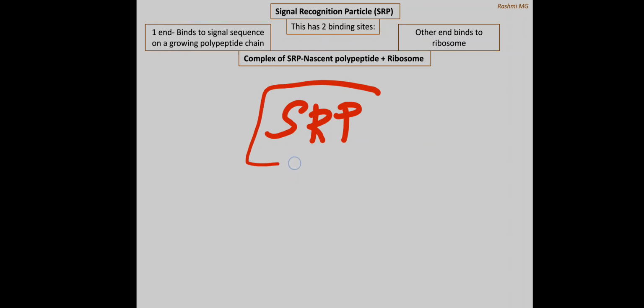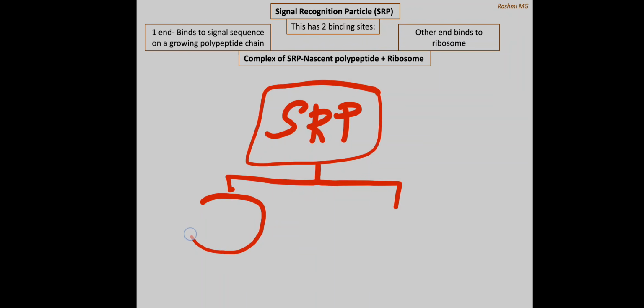which has two binding sites. Consider the signal recognition particle. One site binds to the signal sequence, the second binds to the ribosome.